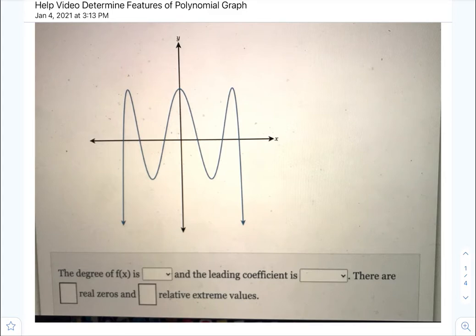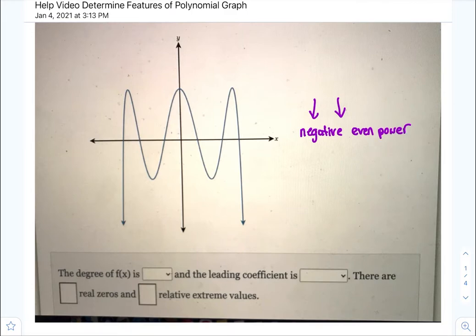So one thing to notice about this, you guys, is that it's down, down, right? So what can you peel away from knowing it is going down on the left and down on the right? Well, you know in this scenario, the leading coefficient is going to be negative, and you know it's going to be an even power.